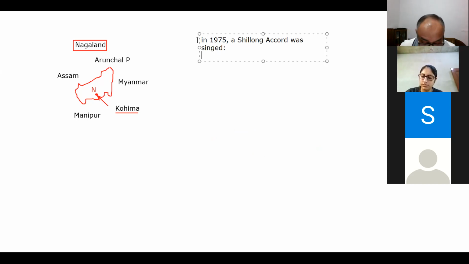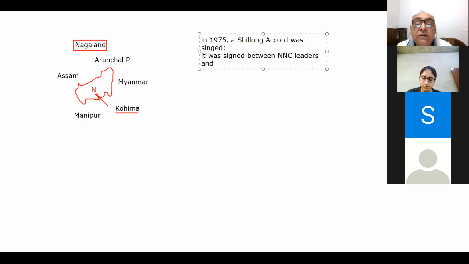So Shillong Accord was signed between NNC leaders, we can say, and the central government, the government of India. So इनके बीच में ये accord sign किया गया था, right?